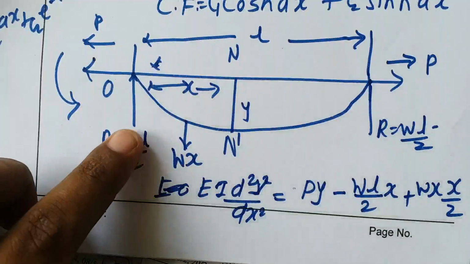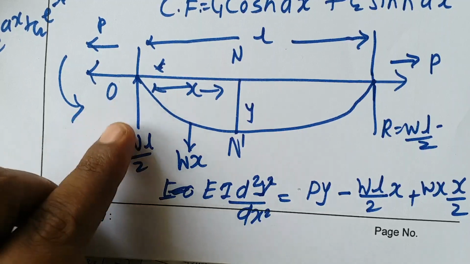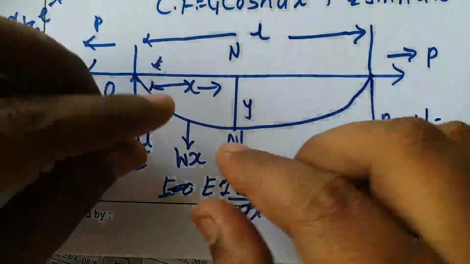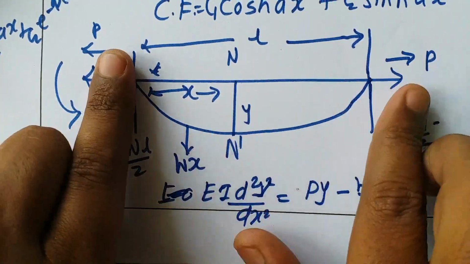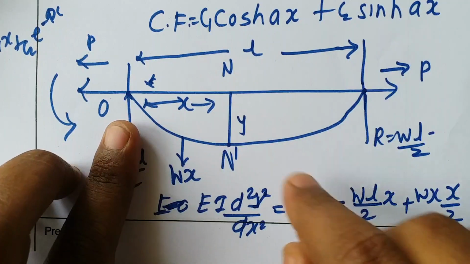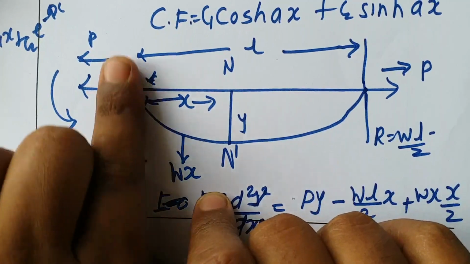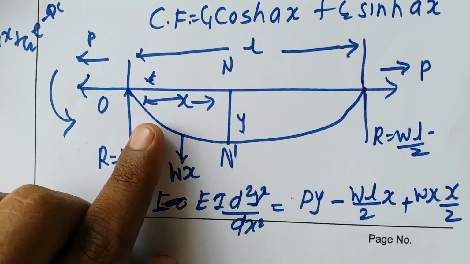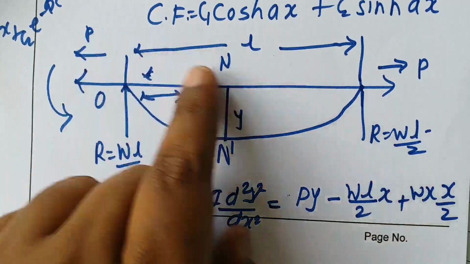Total length is L, so WL by 2 is the force, and it acts in the vertical direction. It is negative because the deflection is downward and this reaction is acting upward, the opposite direction. Therefore it is taken as negative, WL by 2 into x.